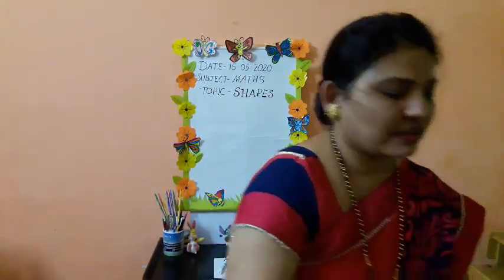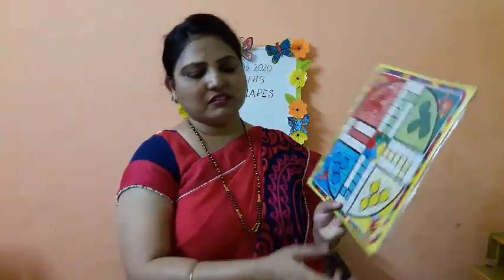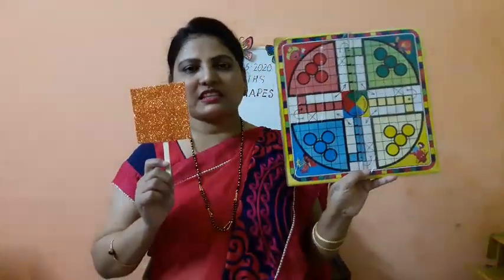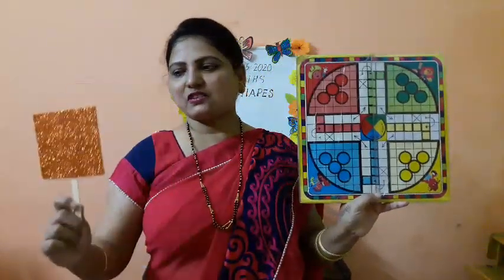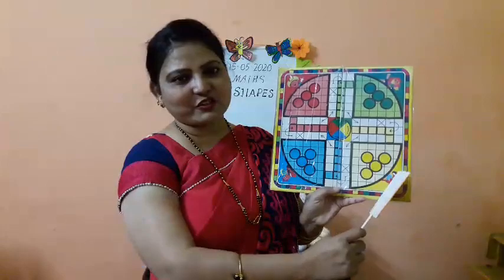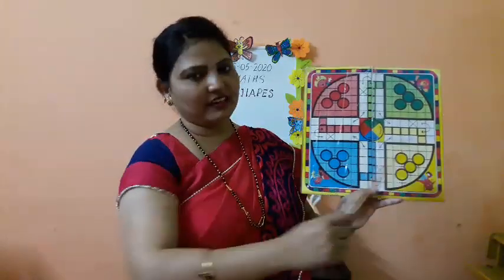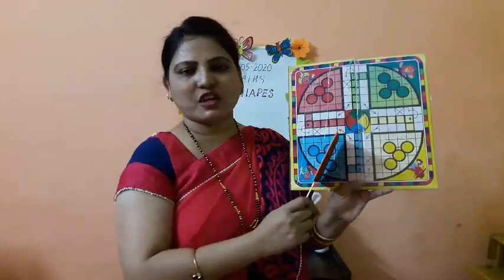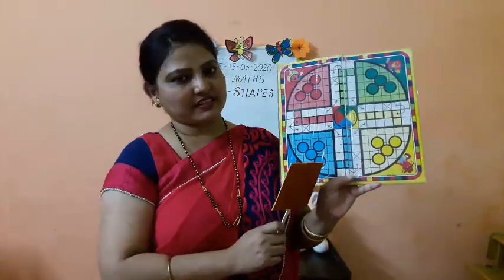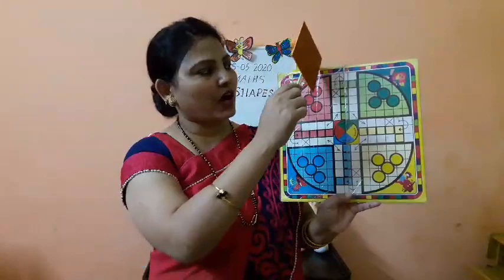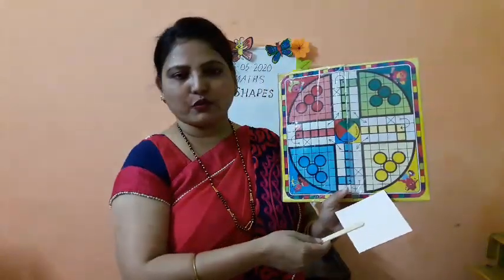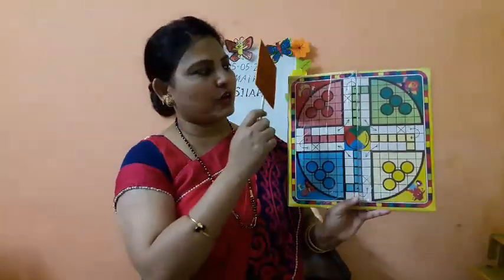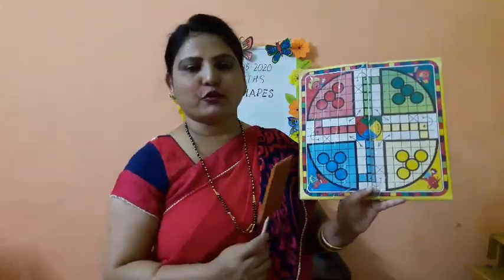Next, we play Ludo, and the board is matching with this shape. This is also square and this is also square. This shape has 4 sides. How many sides? 4. 1, 2, 3, 4. And 4 corners also. 1, 2, 3, 4.